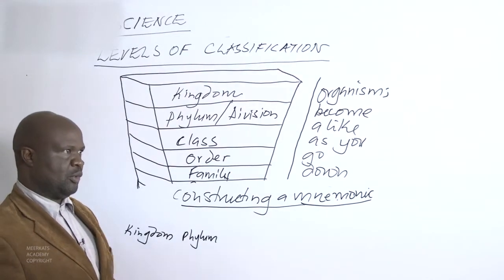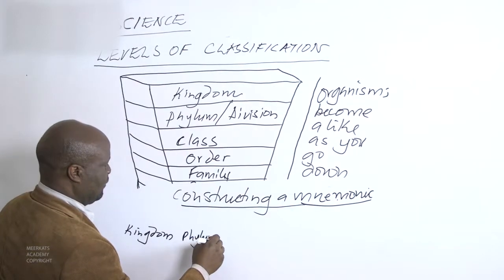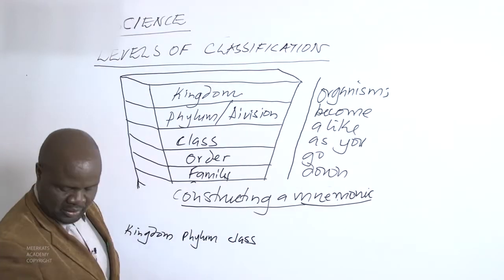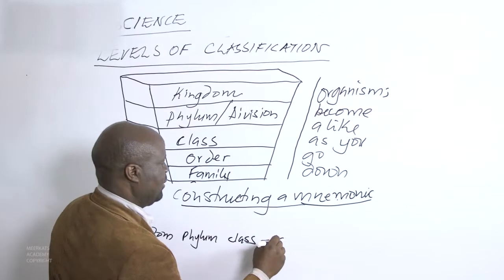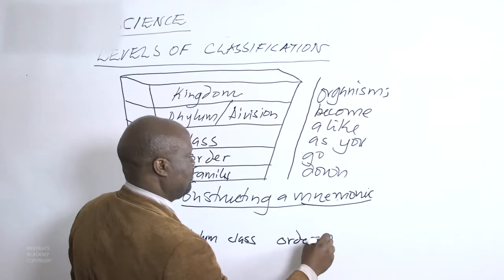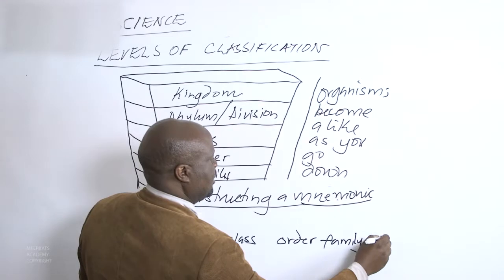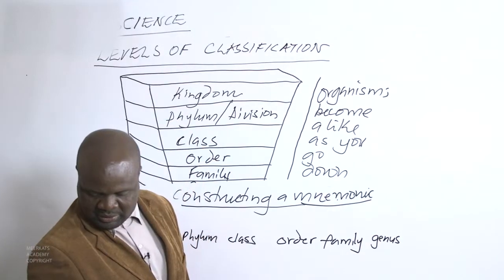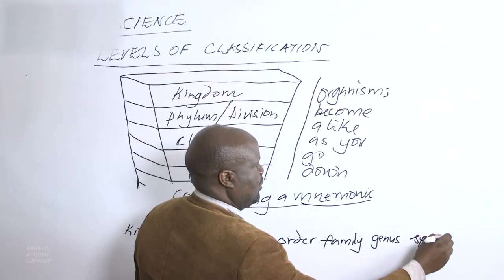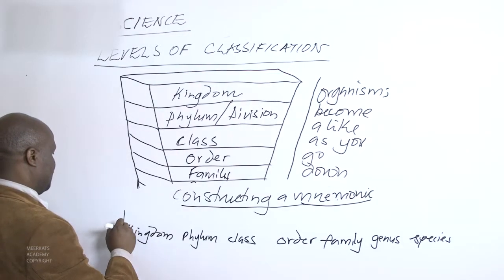If in case you want to place a particular organism, an animal, for instance, then from the phyla we have a class. Then from the class we have the order. Then from the order we have family. Then we have the genus, and then species. Now, when you are constructing a mnemonic, this is what you can do.